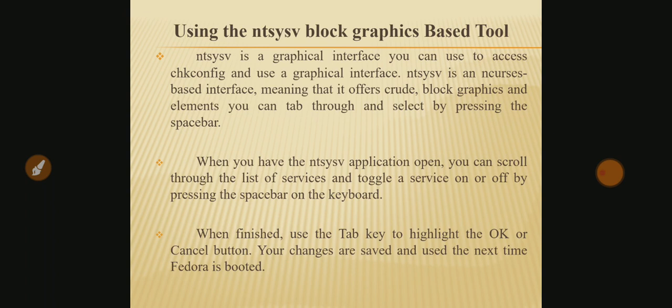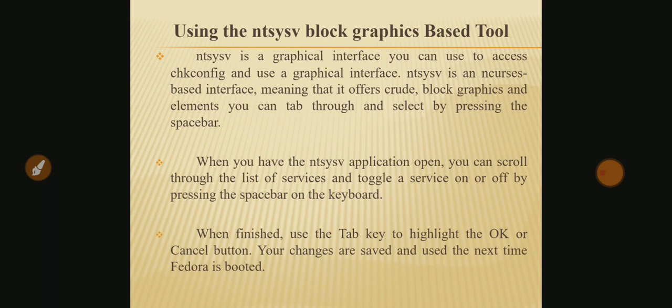It means that it offers you crude or block graphics elements, and you can tab through and select by pressing the space bar. So in this graphical based tool we have to use tab for moving forward, and the space bar for selecting things.